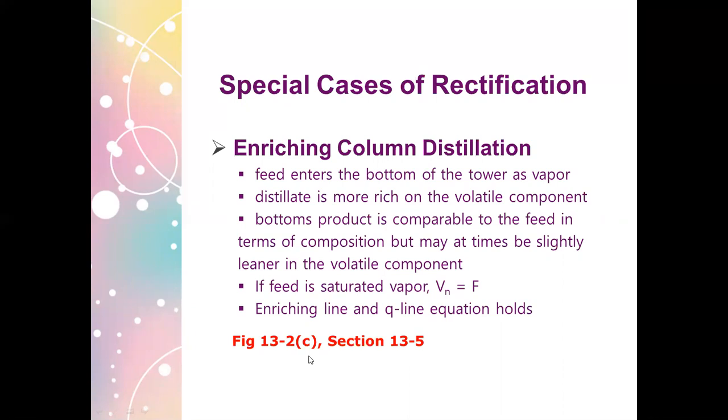That way, you can now plot your enriching section operating line. When you have the Q line and the enriching section operating line plotted, you do the stepwise way of determining the number of stages as if your column is complete, meaning you start with X sub D down until you reach the end of your feed line.